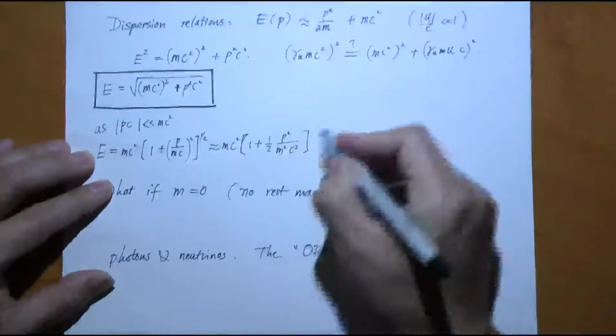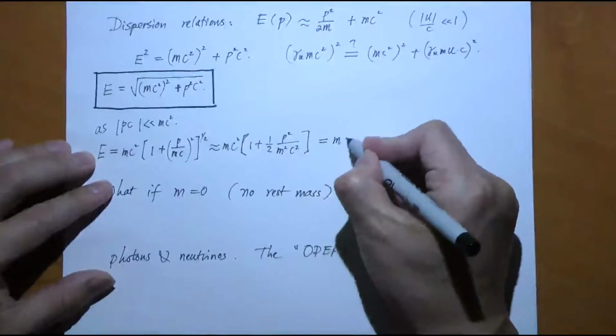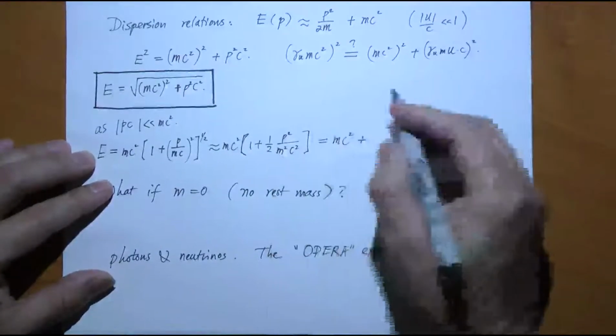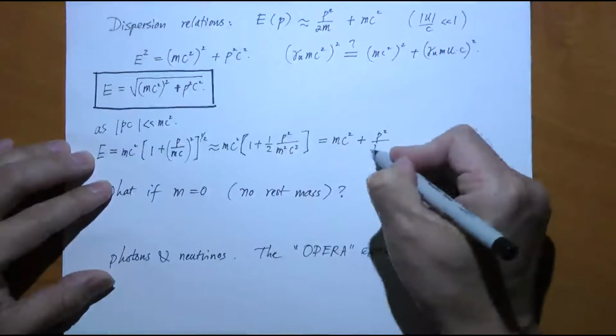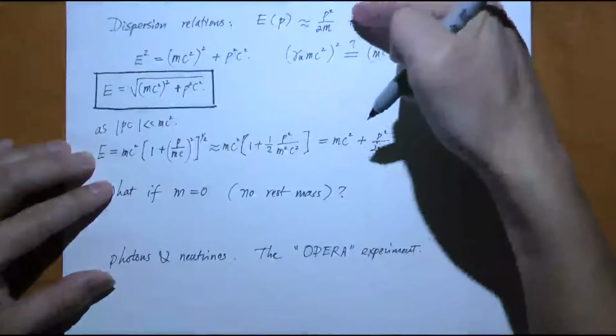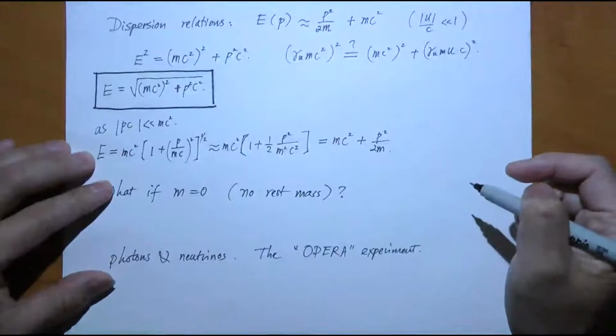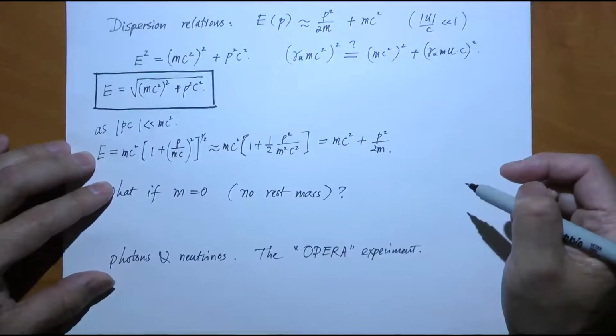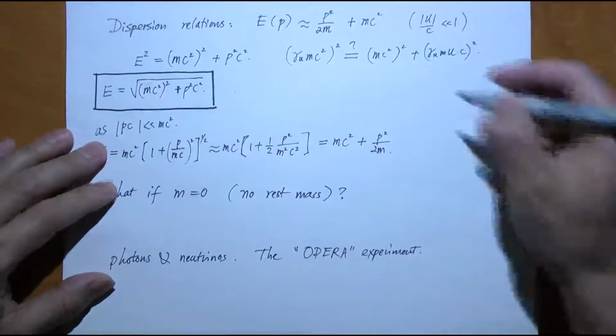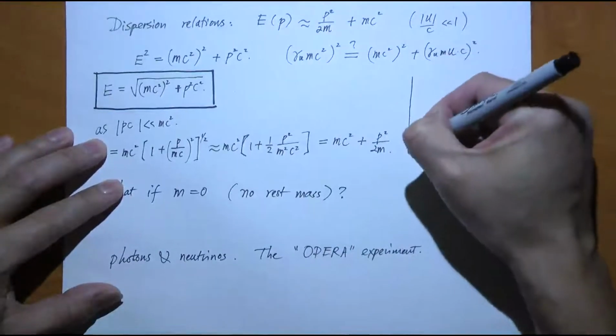Okay, work this out. The first term is mc squared, which of course is the rest energy. The next term is p squared over 2m. That's exactly the same as we expected. So this expression reduces to the classical case at low speeds, as we should expect.